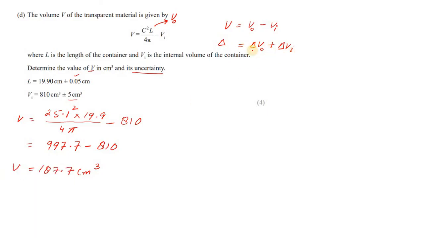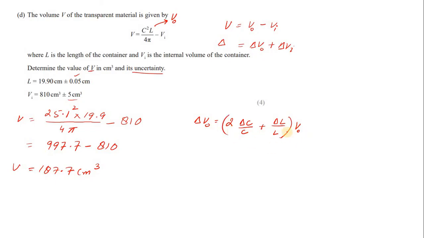So first we need to find delta VO. Delta VO is the uncertainty only in this term. So delta VO would be equal to, this is C squared, so 2 delta C upon C plus delta L upon L, into VO.